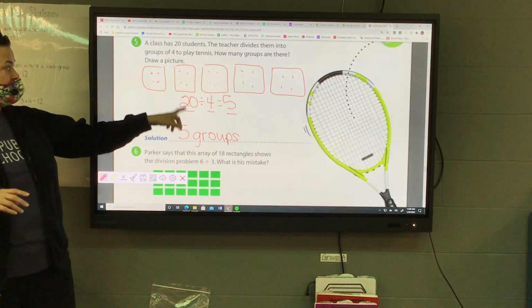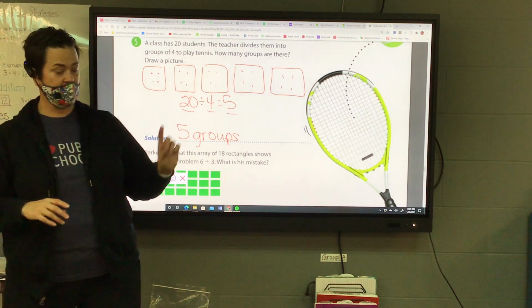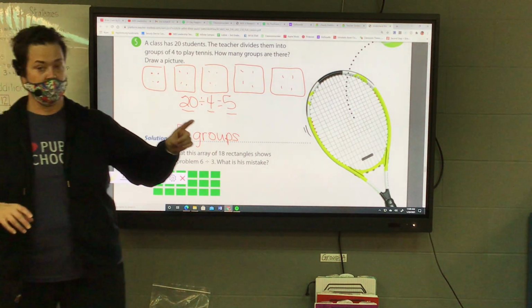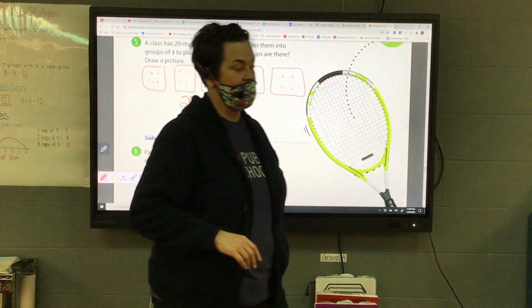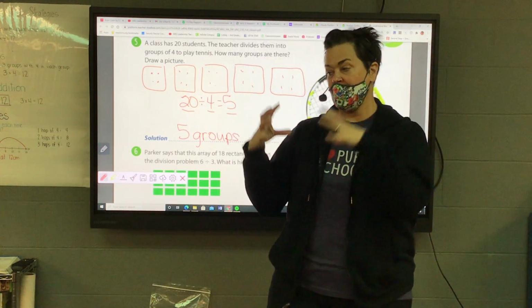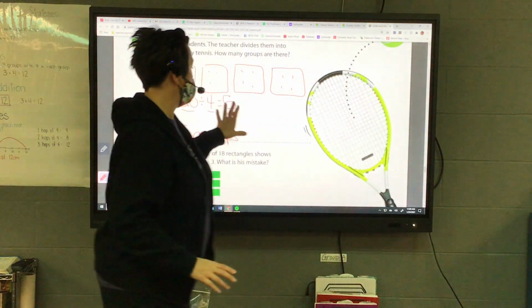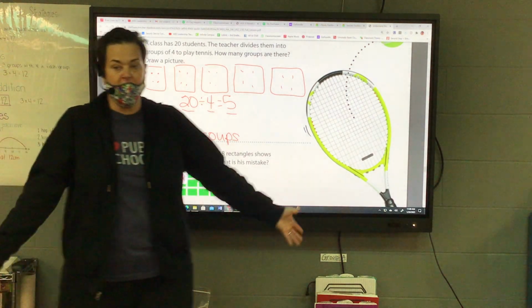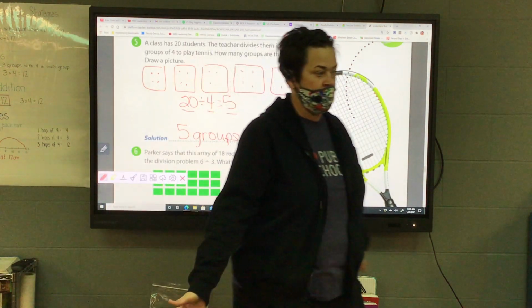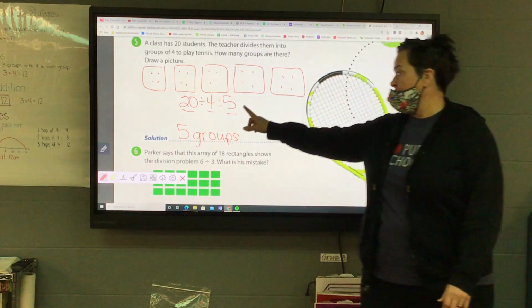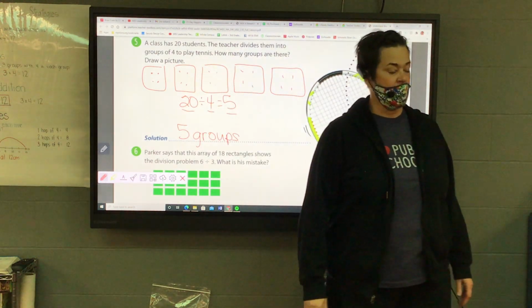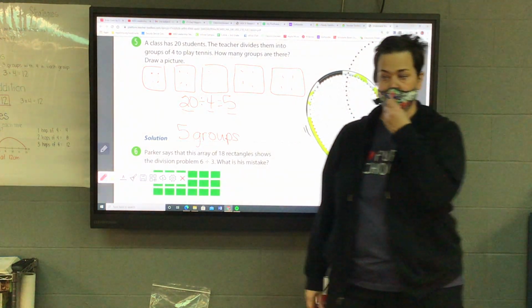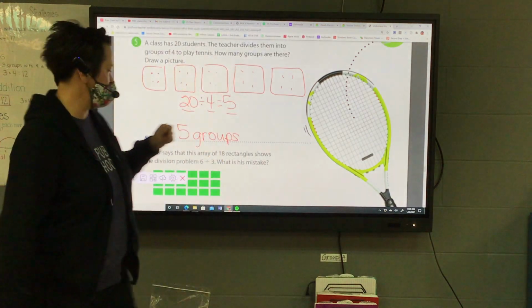The 4 tells us how many in each group. So then the 5 tells us what? How many equal groups there are. We'll keep practicing this.